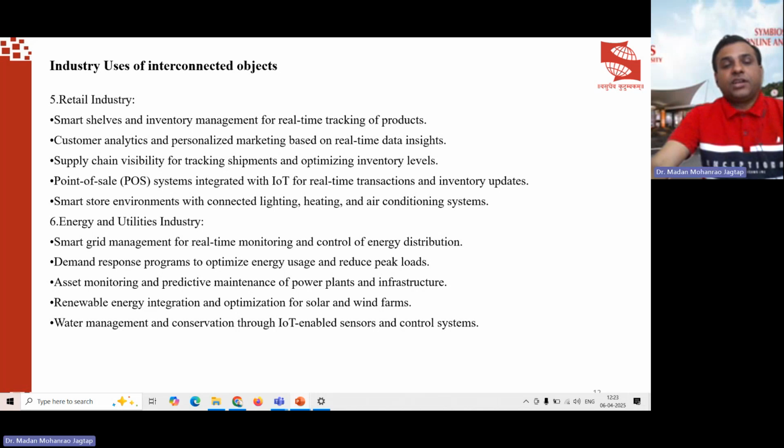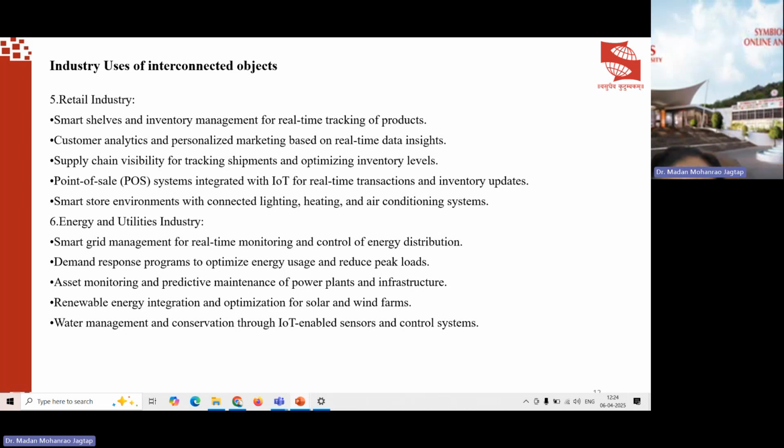Then renewable energy integration and optimization for solar and wind farms. So we can use these interconnected objects for renewable energy, for integration and optimization for solar and wind farms.